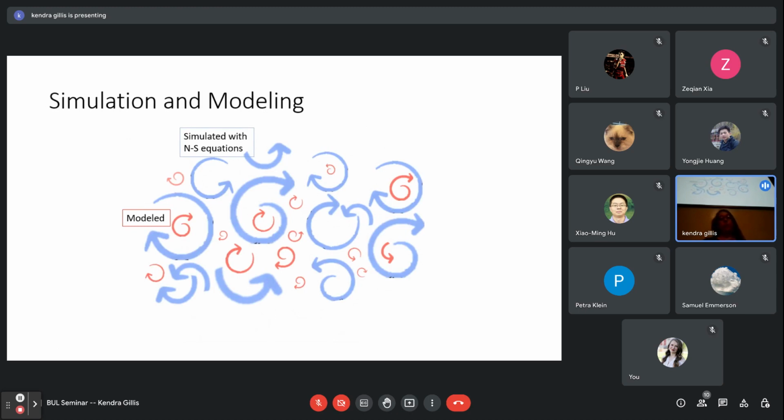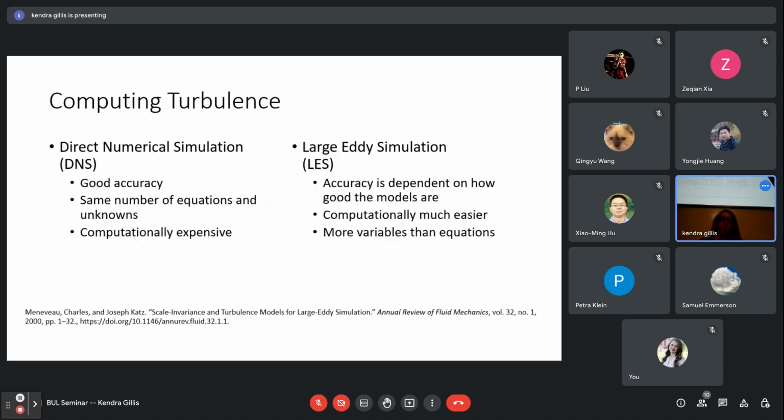So what we do instead is split it up, simulating the large eddies with the Navier-Stokes equations, but using models to represent the smaller eddies. That's what's called large eddy simulation. The small eddy model is just assumed at the end.